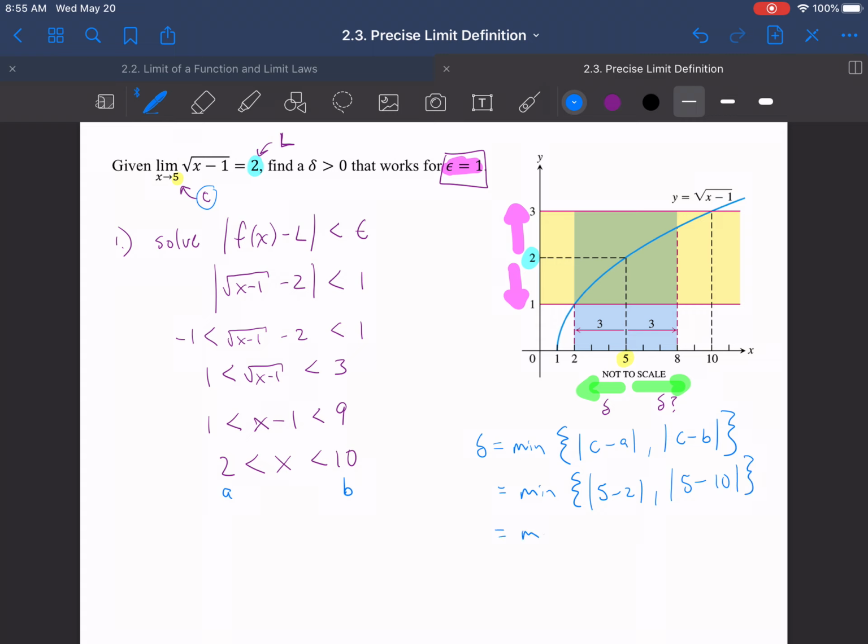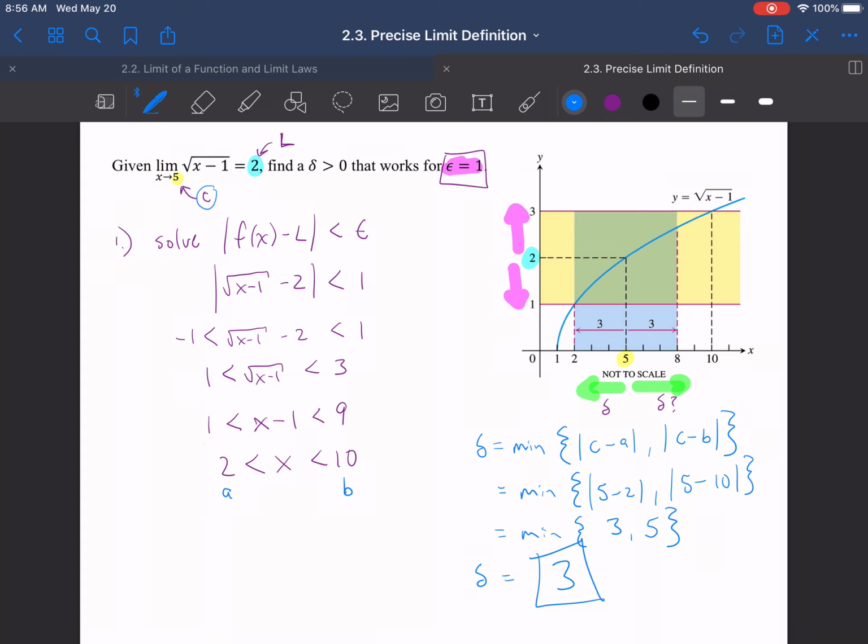And then it's going to be the minimum of the absolute values. 5 minus 2 is 3. Absolute value is 3. And then 5 minus 10 is 5 in absolute value. So it's the minimum of 3 and 5, which is just 3. Okay? And so that's what our delta is going to equal. It has to be 3.